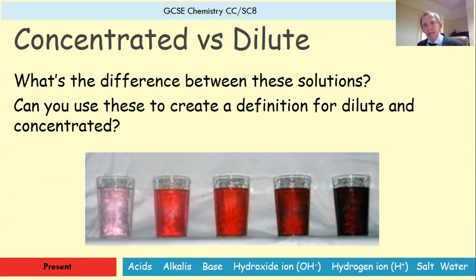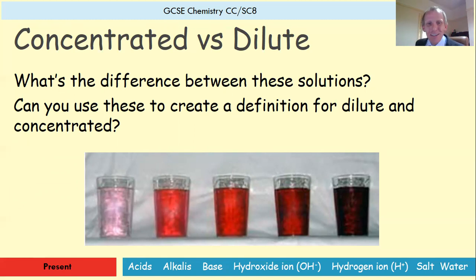They have different meanings in science. So please try to avoid using those terms, but pause the video now, see if you can come up with your own definitions, and I'll provide you with some afterwards, and you may need to change the ones you've come up with, but have a go, and we'll see if we need to correct our answers afterwards. So pause the video now and come up with a definition for dilute and a definition for concentrated.